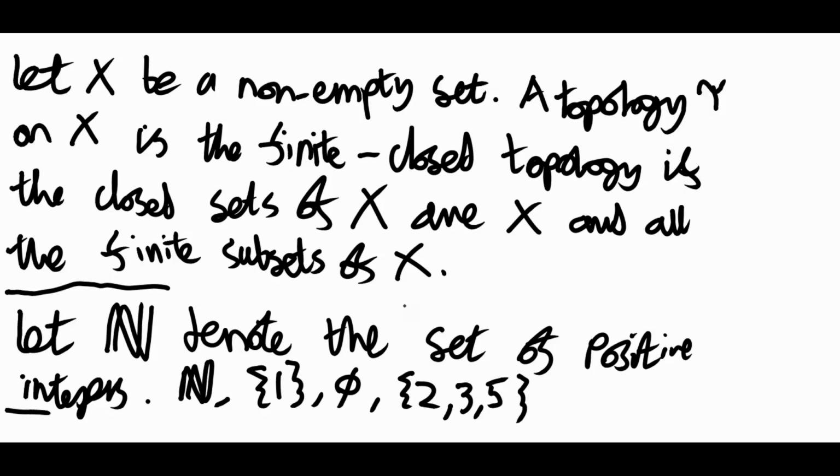So in this case, we're going to have that every finite set is closed, and every open set is going to have a complement which is finite. So every open set must be infinite, except the empty set.